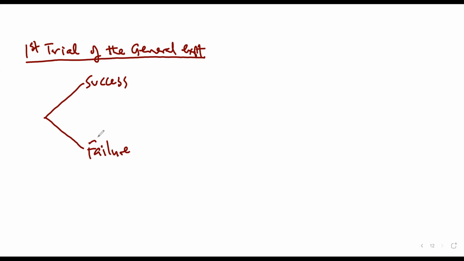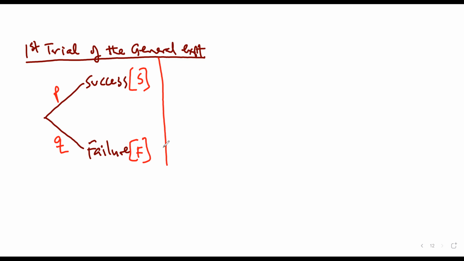That is the first trial of the general experiment. As we mentioned, we need to indicate the probability of each possible outcome on the tree diagram. So this one is P and this is Q. I'll use the letter S to represent success and the letter F to represent failure.